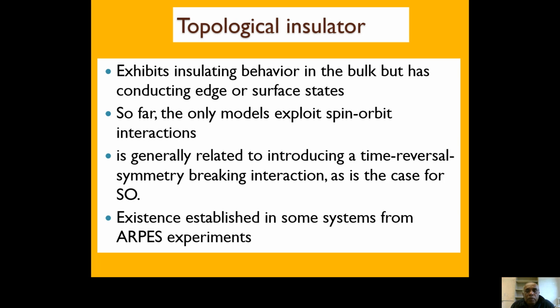An important thing is, if you take some bulk materials, their interior, the bulk, is very insulating, but they are electrically conducting at the surfaces or at the exterior of the material. It's due to something called surface states that make something called conducting edge states.